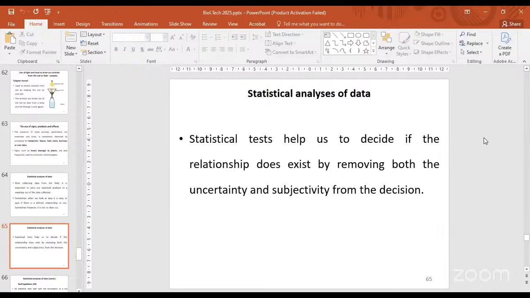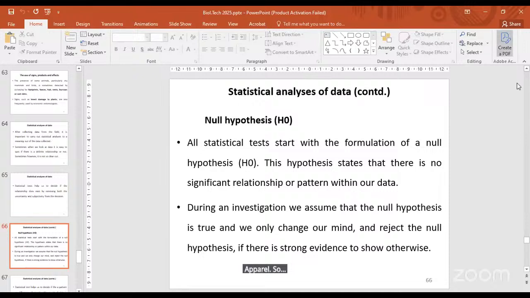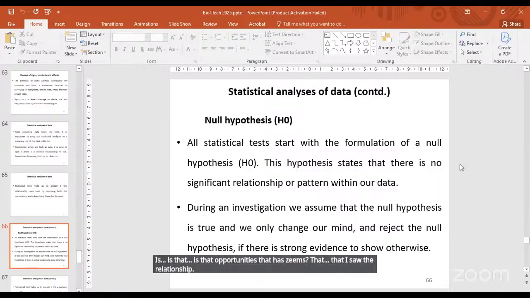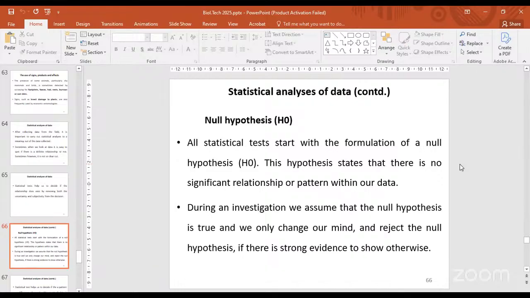So, what is a null hypothesis? A null hypothesis is that hypothesis that assumes that there is no relationship in the studies or the samples collected. You understand? No relationship. That is a null hypothesis.